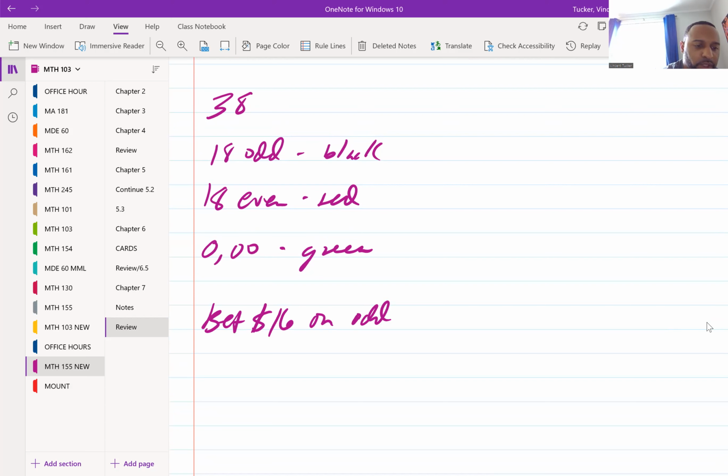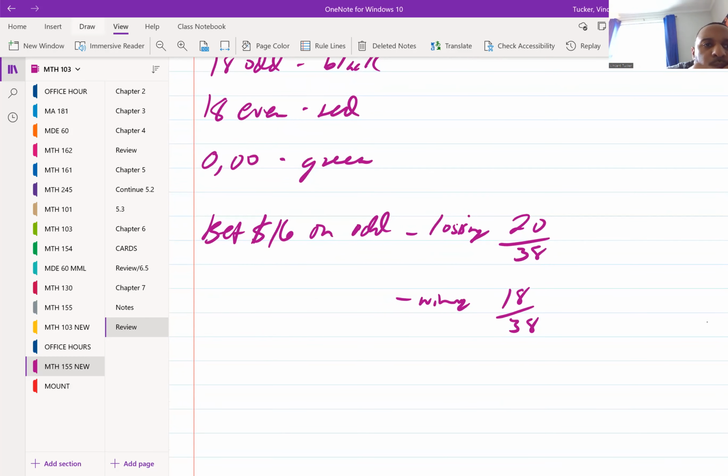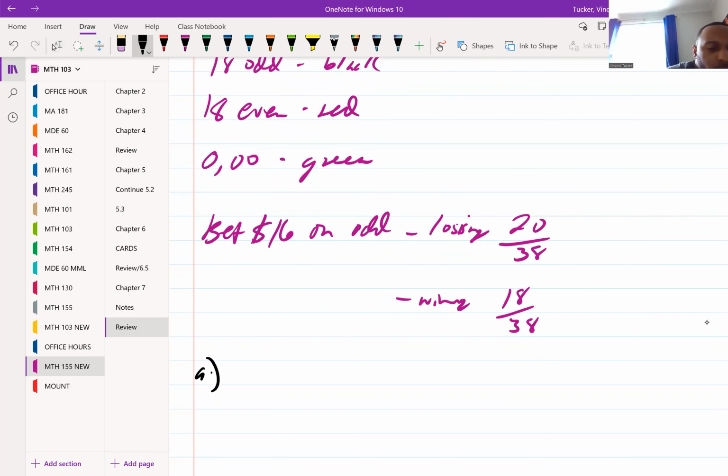The probability of losing $16 is 20 to 38. Probability of winning is 18 over 38. Right, okay. All right, so they want to know the $16 outcome, expected value.